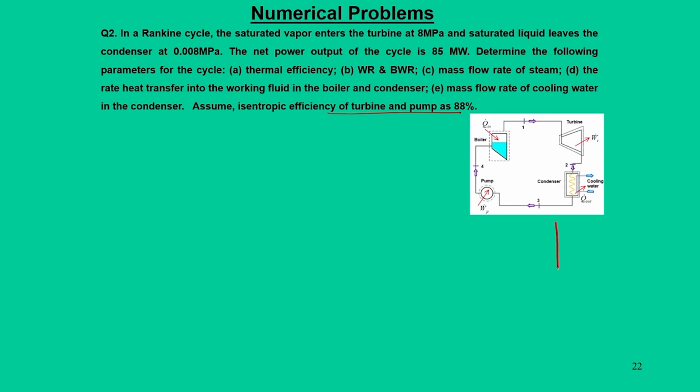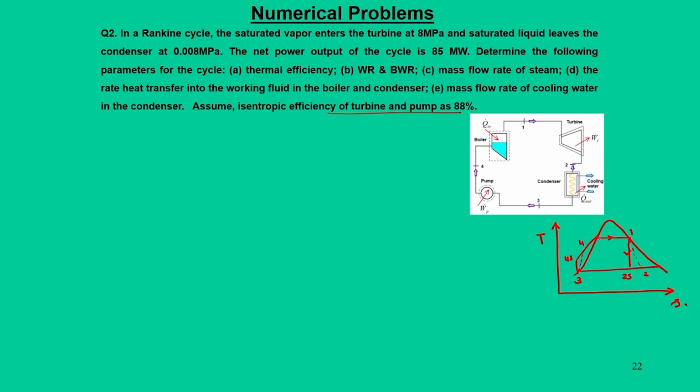We can redraw this cycle in a manner in which we can introduce the component efficiency. So, instead of 1 2s, we say it is 1 2. Now, instead of 3 4s, we say it is 3 4.